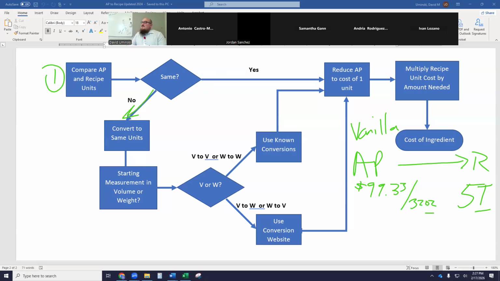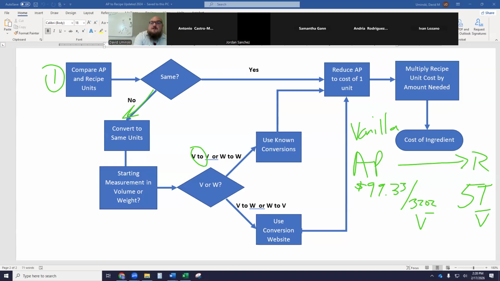We have to convert to the same unit, okay? So is our AP in volume or weight? It is in volume. Ounces can be volume or weight, right? But because vanilla is a liquid, we can assume that it's volume, okay? So volume and tablespoon is volume.